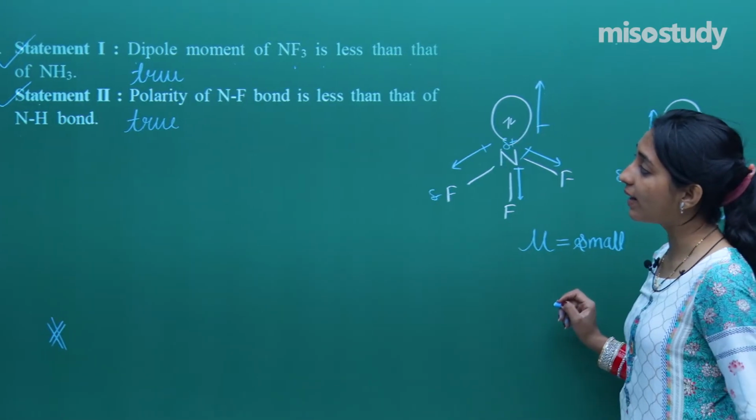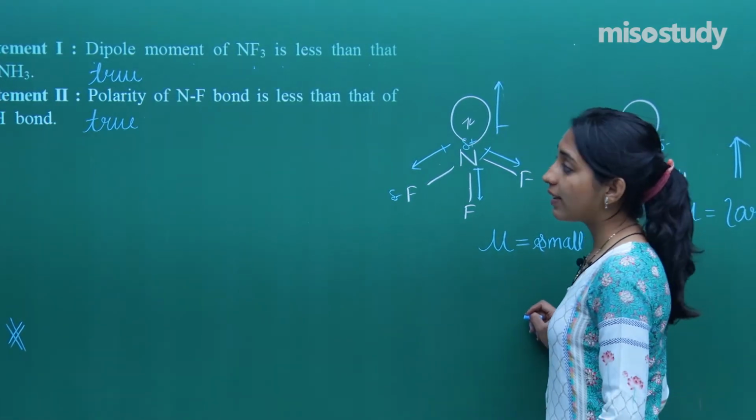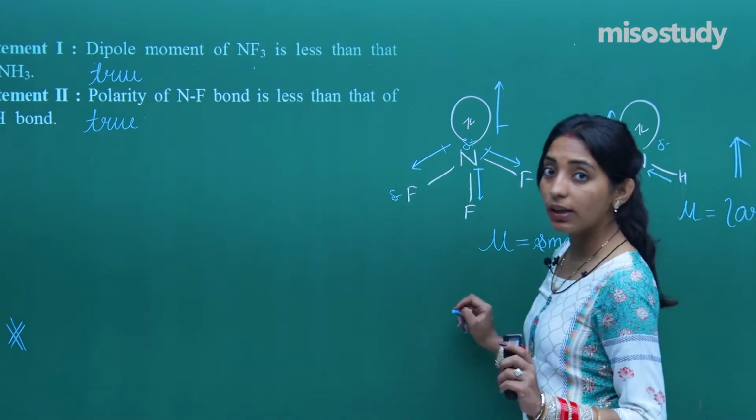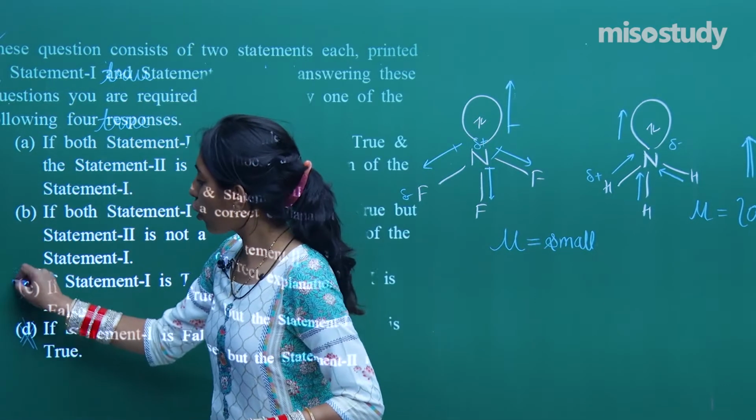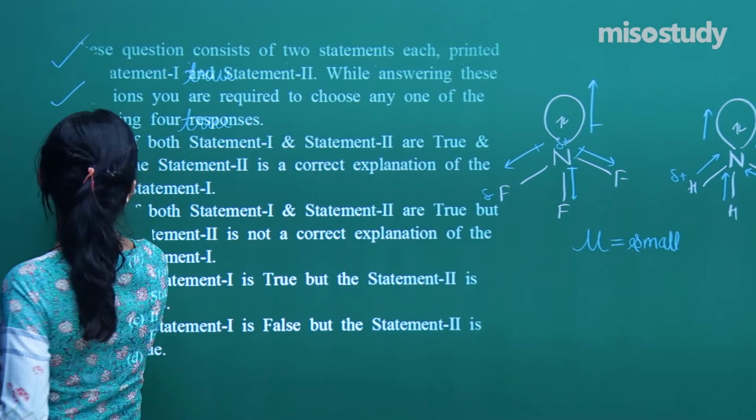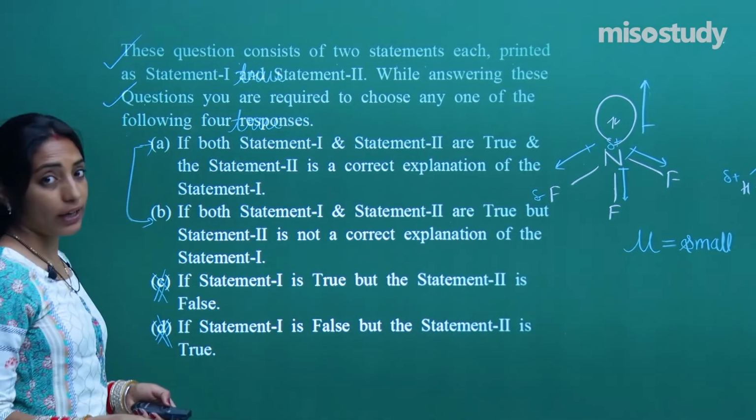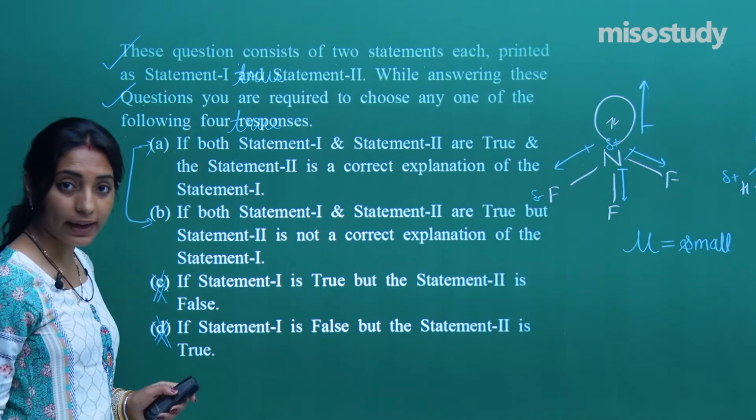Let me check again. The polarity of NF bond is less than that of NH bond and that is a correct explanation. So this is the wrong option. Now either we have to choose A or we have to choose B, right.